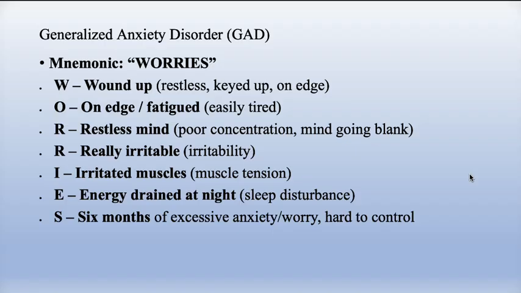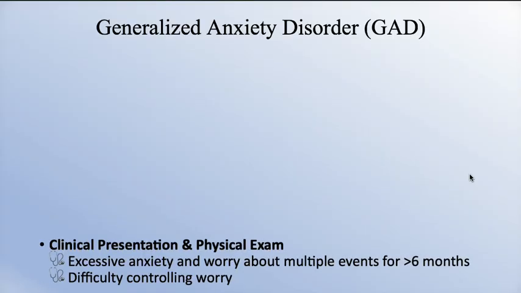First R is restless mind, poor concentration, mind going blank. Second R is really irritable. I, irritated muscles. E, energy drained at night. And S is for 6 months. WORRIES: wound up, on edge, restless, really irritable, irritated muscles, energy drained, and 6 months.